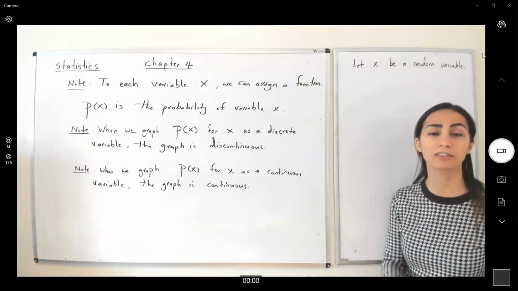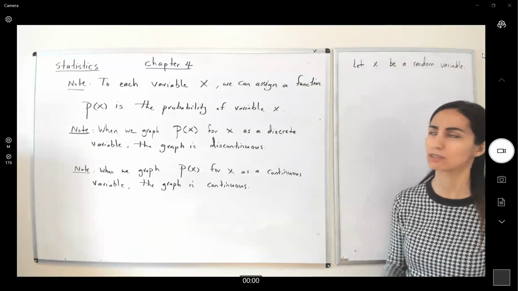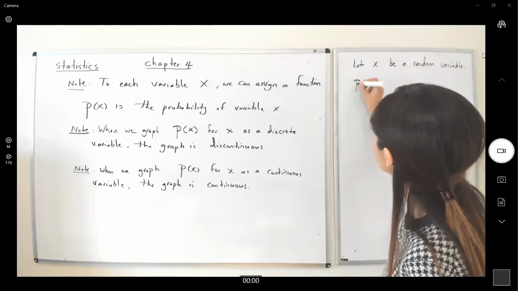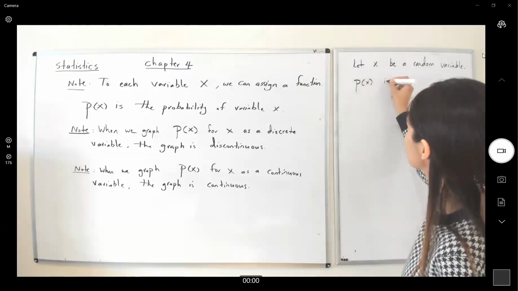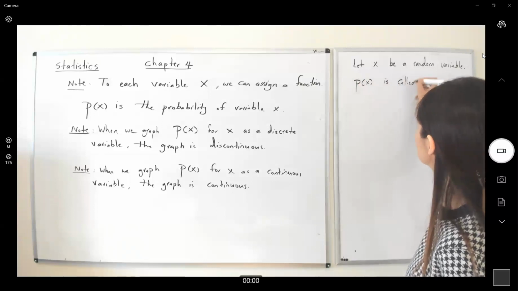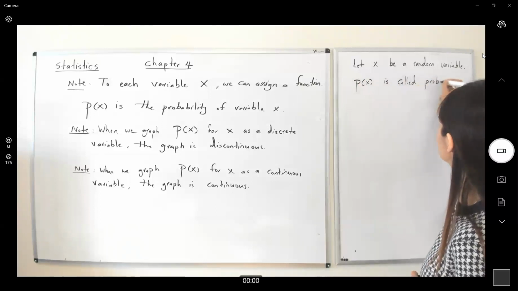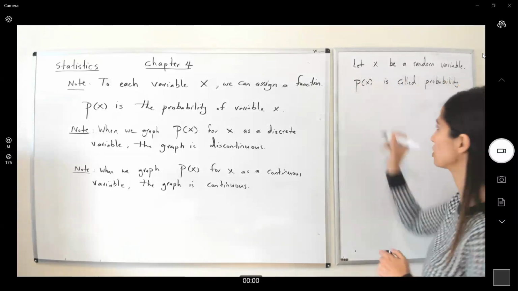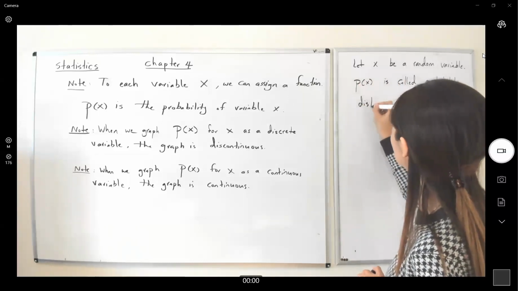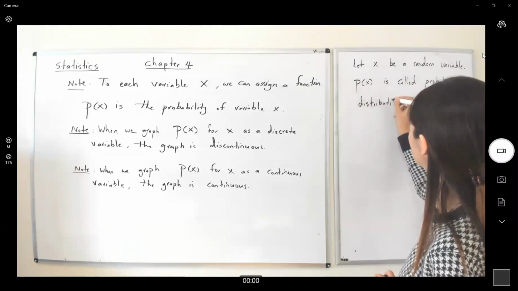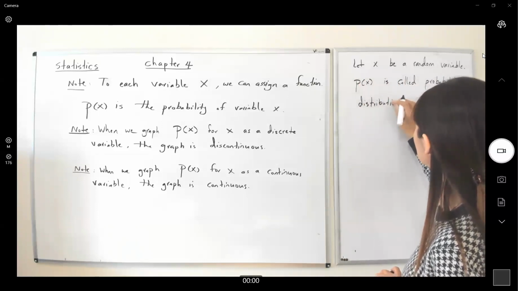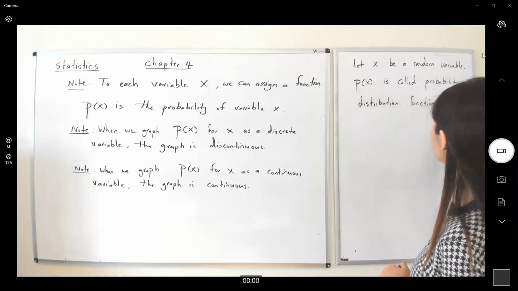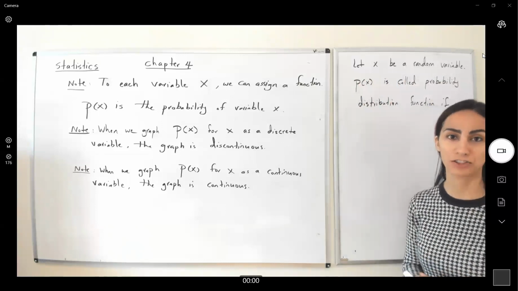It doesn't matter if it's discrete or continuous, just a random variable. P of x is called a probability distribution function if it satisfies these conditions.